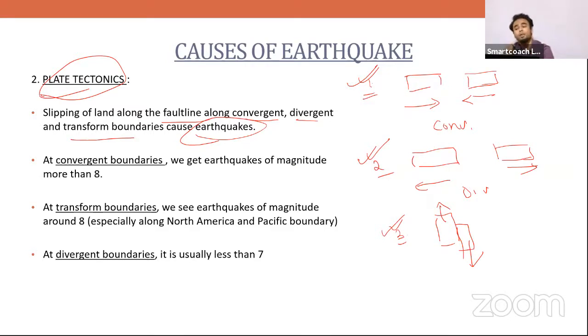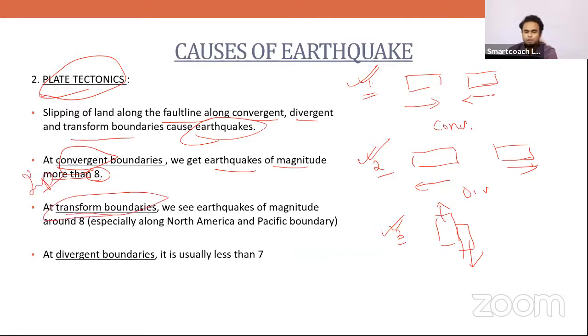However, one point that you have to keep in mind, even in these three cases we are getting earthquakes, but the intensity of the earthquake will vary according to the type of plate interaction. For example, at a convergent boundary, we get earthquakes of magnitude of more than 8. Okay, please remember this. This is very, very important.